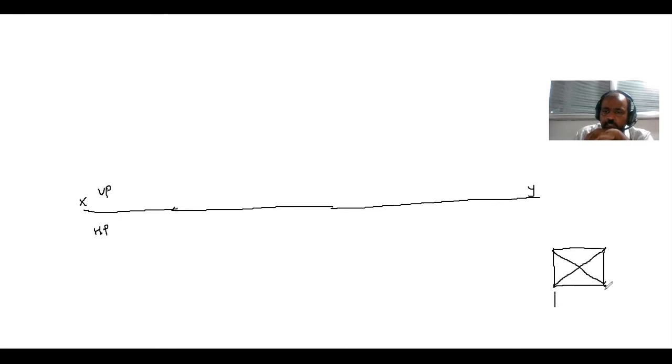Since it is kept on the corner, first I draw one vertical line here, then I draw the horizontal line. Then I take this point to this point distance in a compass, and I mark that distance on all four sides.